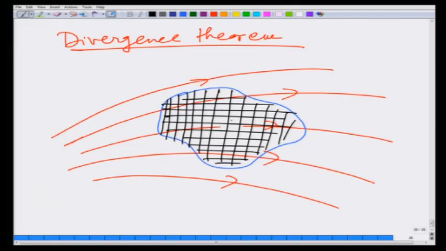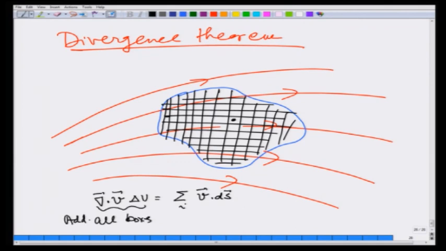And at each point, I calculate the divergence, so that at this given point, I have divergence of V times this delta volume is equal to summation over i of V dot ds through each. So, now I have to add this over all boxes.